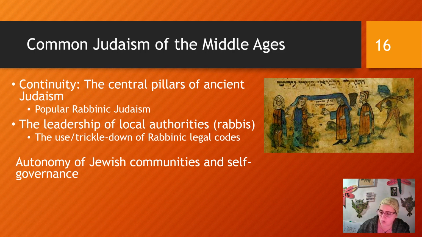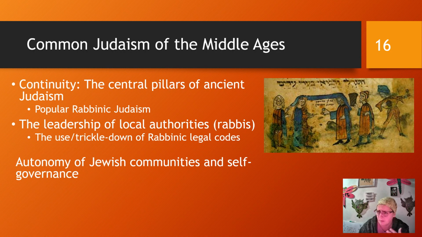So Rabbinic Judaism really becomes the foundation or the central pillar of medieval Judaism for most Jewish communities. Common Judaism in the Middle Ages consists of continuity with those central pillars of ancient Judaism that we talked about, the reforms or innovations of Ezra after the Babylonian exile.